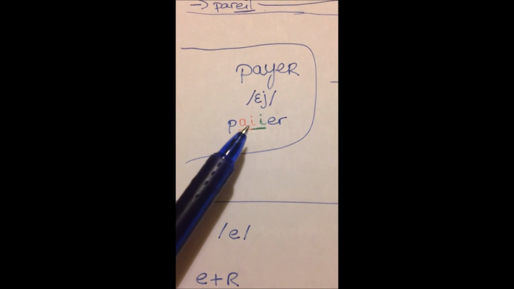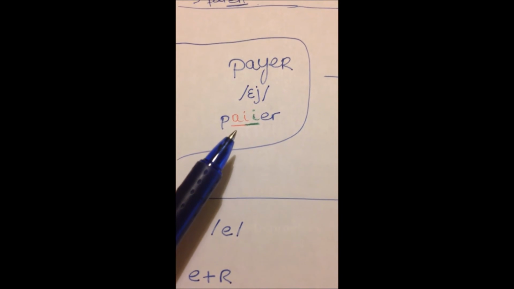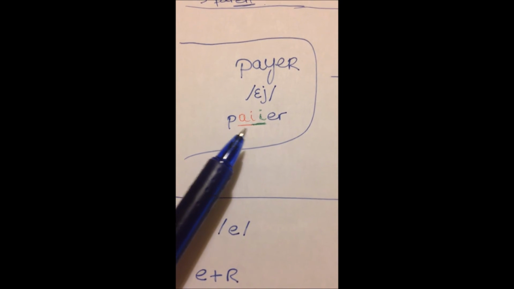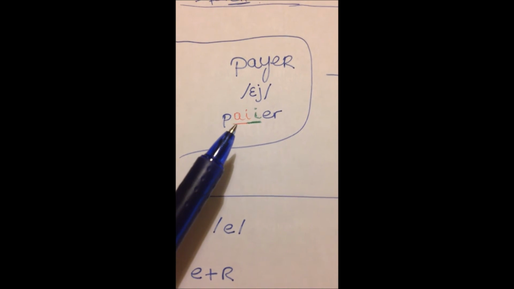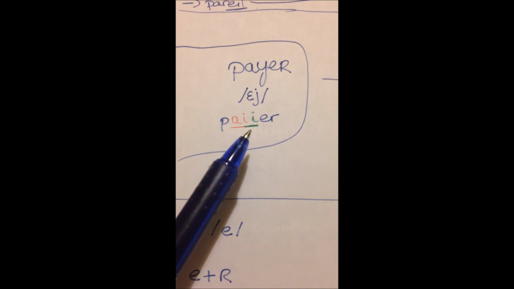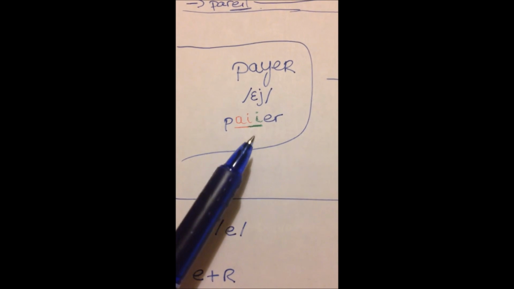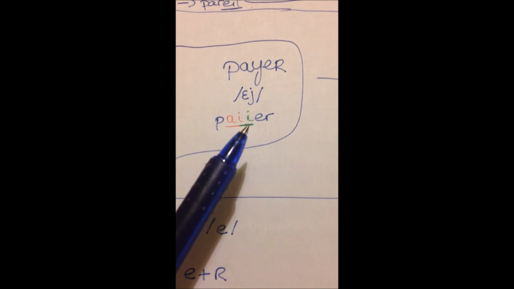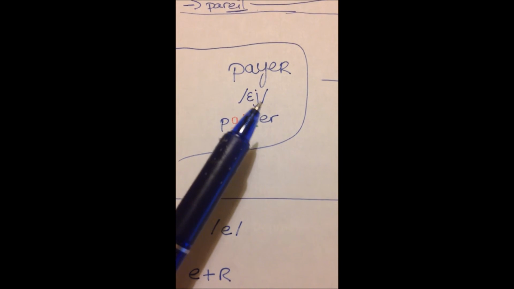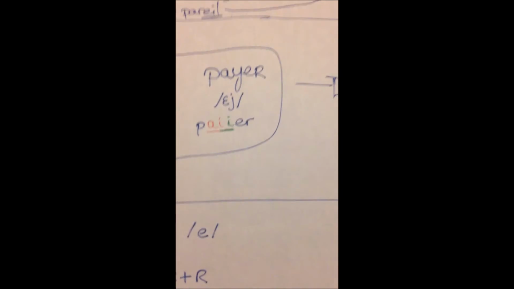When you put an I after an A, you get the sound E, and this Y here makes the sound Y, so it's payer.